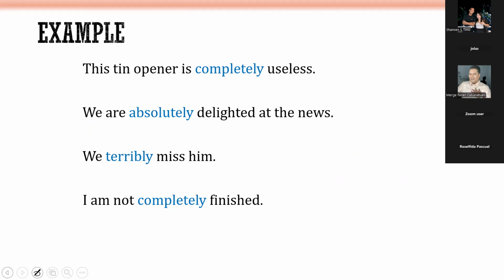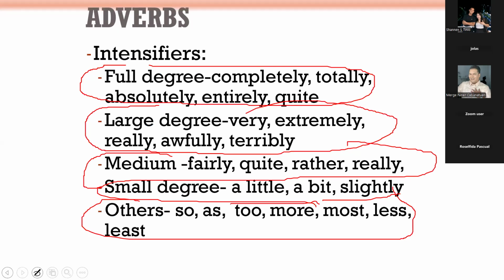Based on these examples, make one sentence that uses an intensifier. Okay? So, yung mga nauna dito, they brought out notes and pens so they can write sample sentences. You can do so with your phone if you don't have any notebooks or pens. Okay?